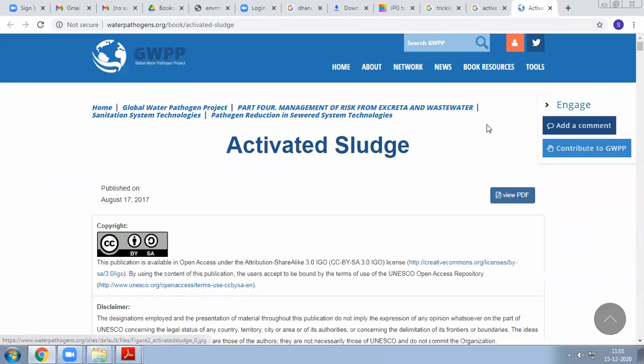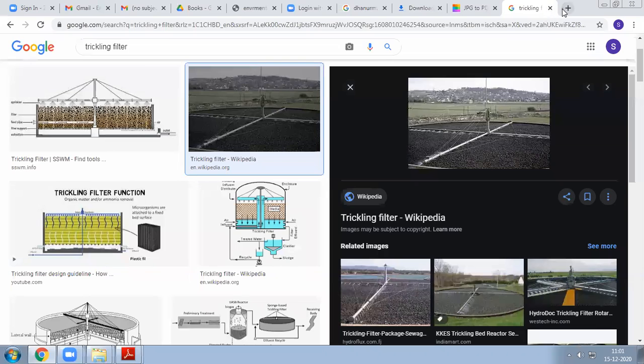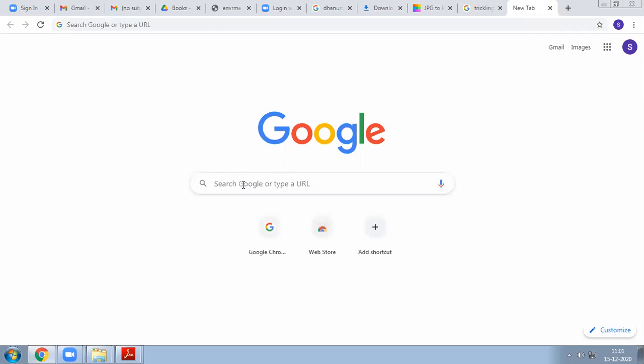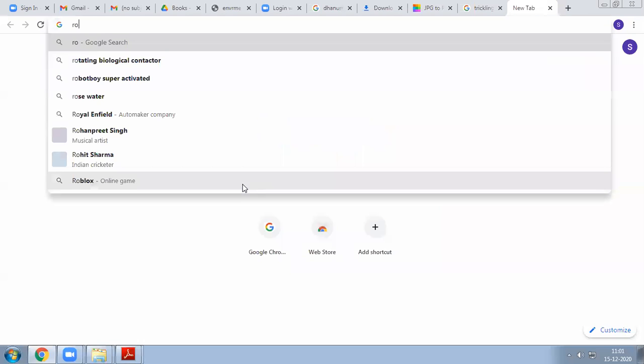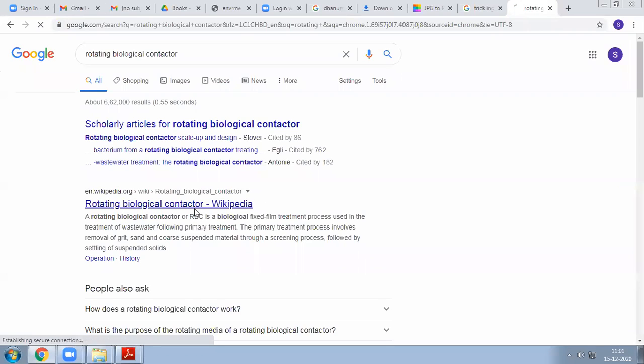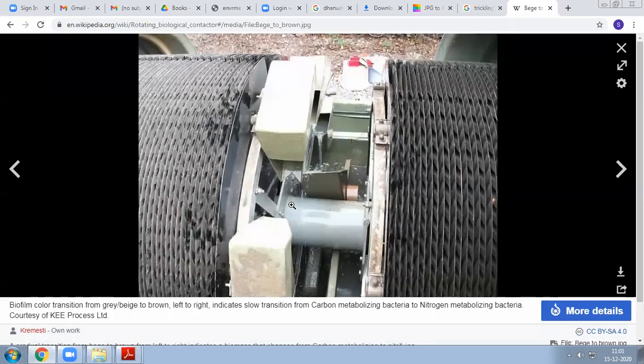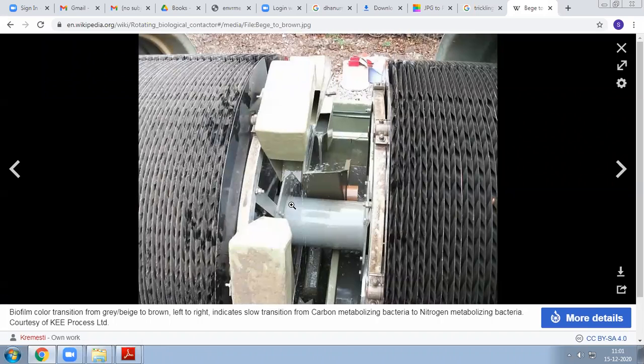So one more thing you have: rotating biological contactors and biotowers. I will try to show the figures. Rotating biological contactors. You can Google yourself. Yes, this is how the rotating biological contactor looks.